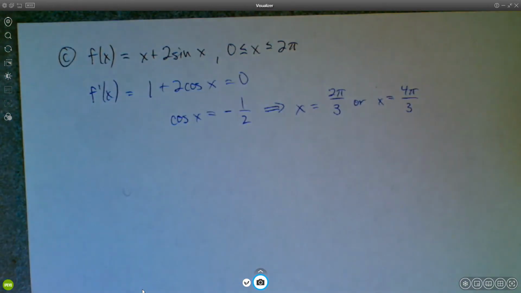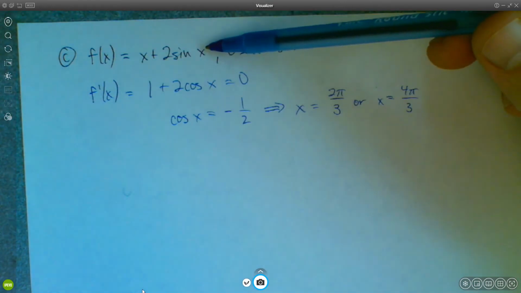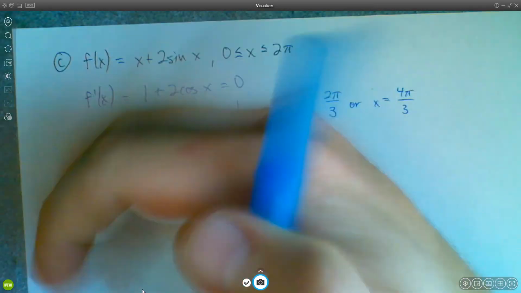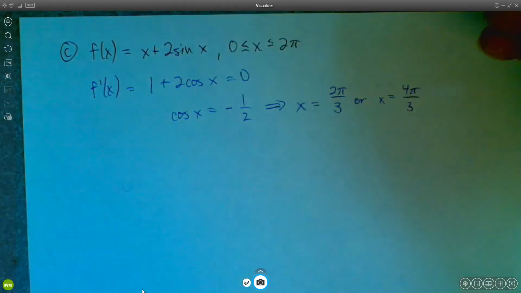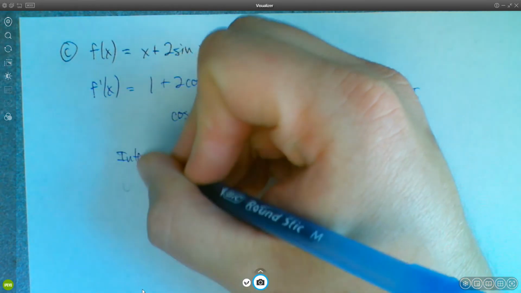Okay, so those are the two places where f could change from increasing to decreasing. The only way to be certain is to do what we've been doing, right? Make a little sign chart. So here we go.